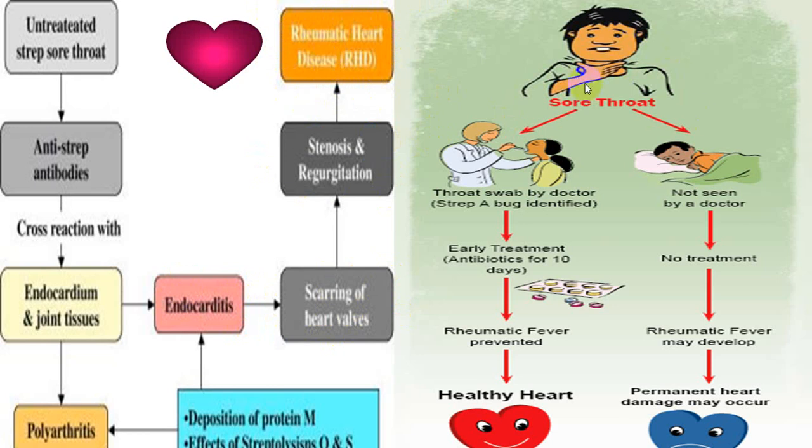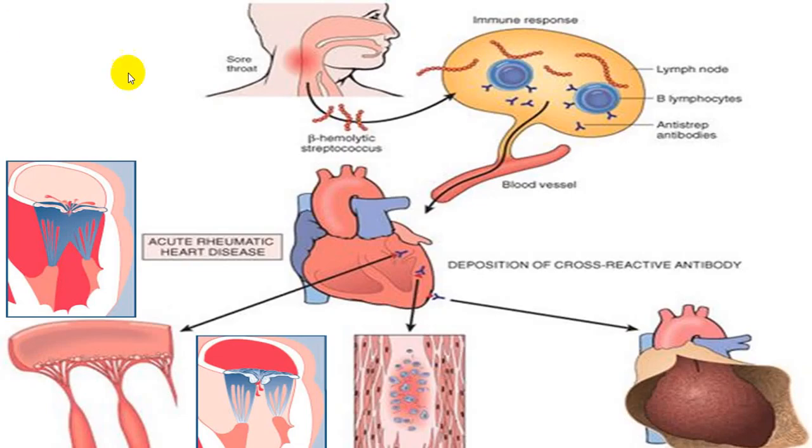So a sore throat, if the person gets complete recovery with early antibiotic treatment, does not develop antibody, and the person will not have rheumatic fever, but if not treated can develop antibody and end up with rheumatic fever. So these are the structures which will be involved: valvular structures, myocardium, and you can also have involvement of the pericardium.